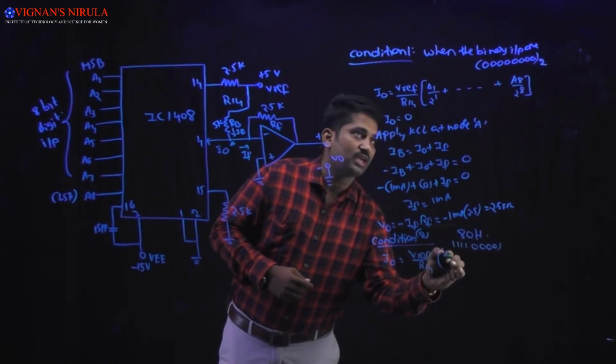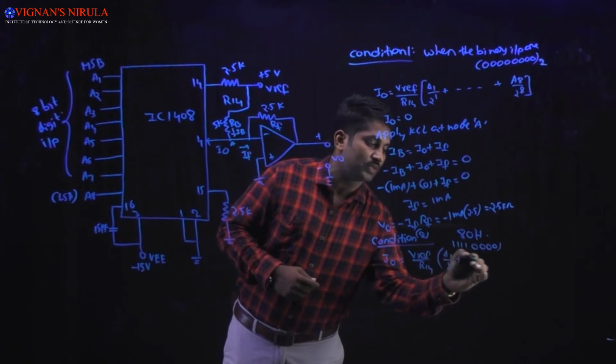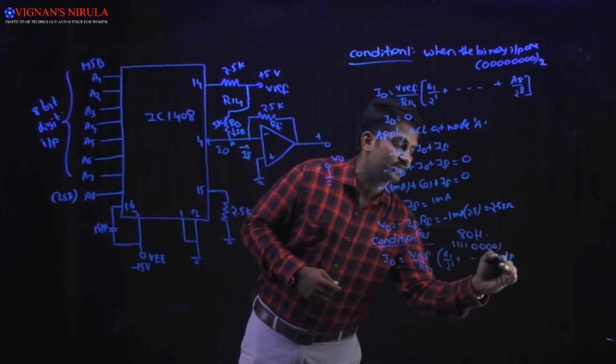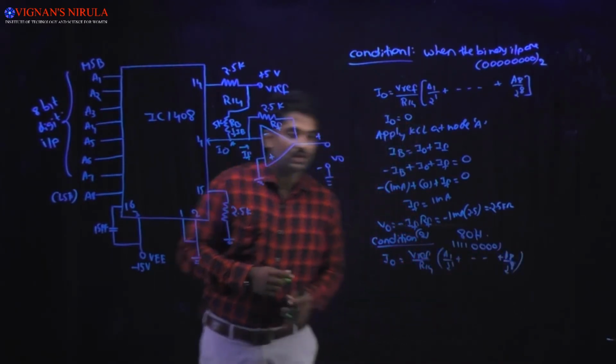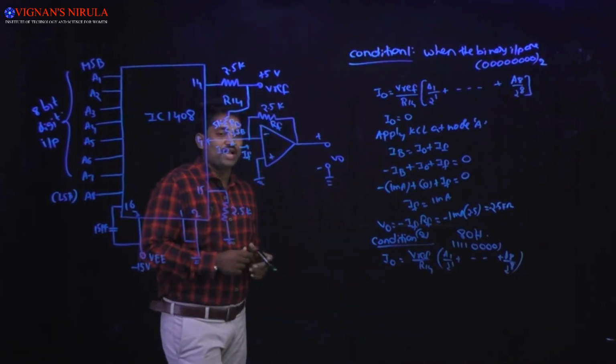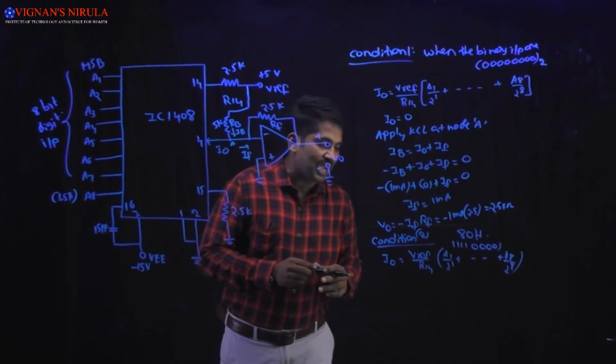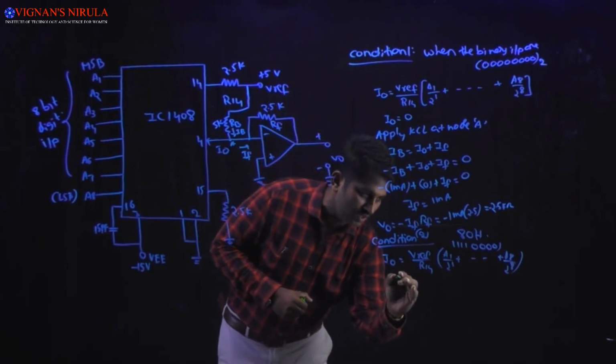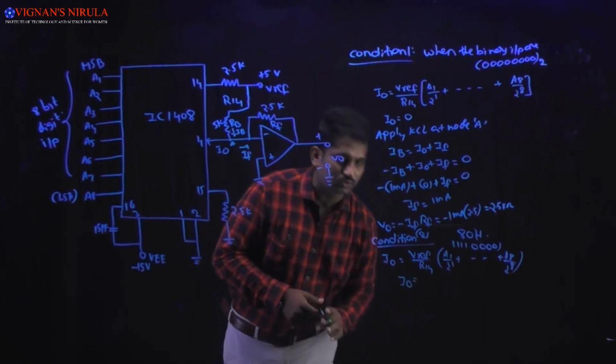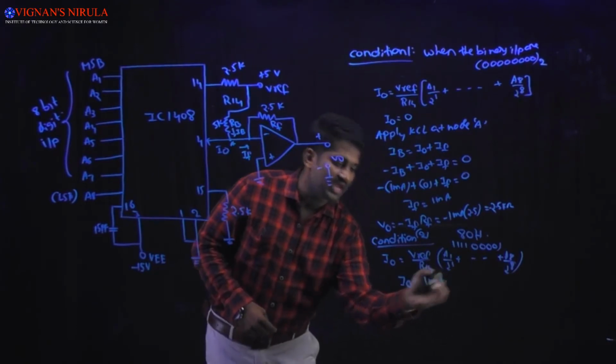Okay, so A1 divided by 2 power 1 plus so on plus A8 divided by 2 power 8. And if you substitute those values and calculate the I naught value, you will get I naught equal to 1 milliampere.